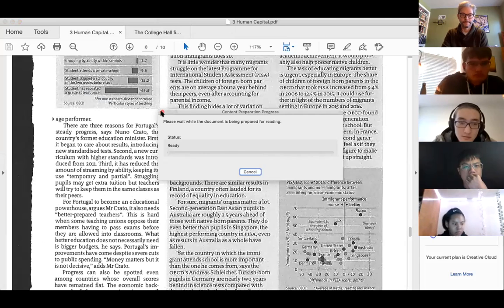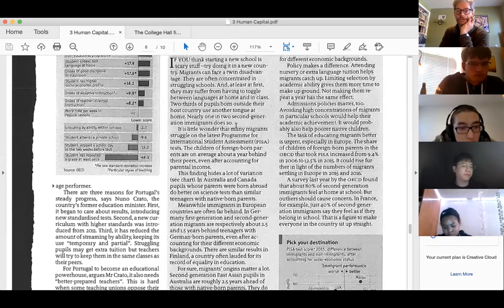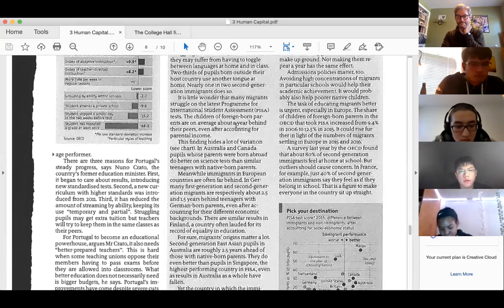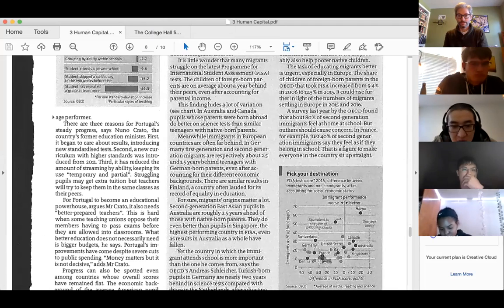Let's try this again. Here's an interesting article found in The Economist not too long ago. Where migrants go to school is more important than the way they came from. This is looking at students who took the PISA test, and at what's the biggest predictor of how well they did.